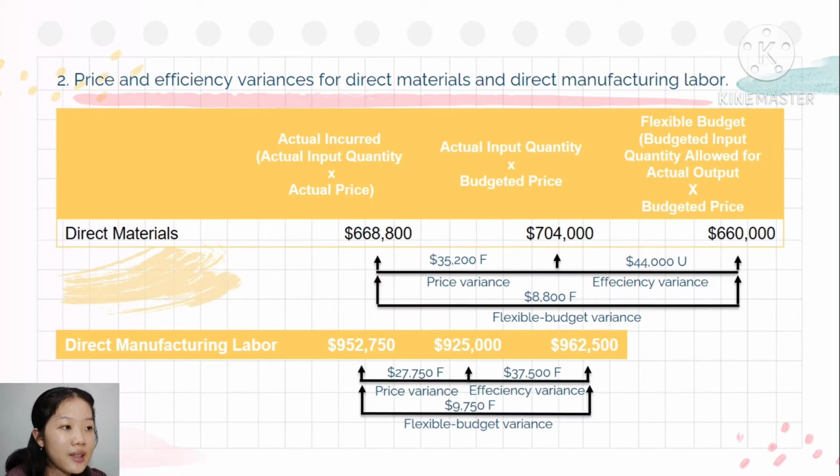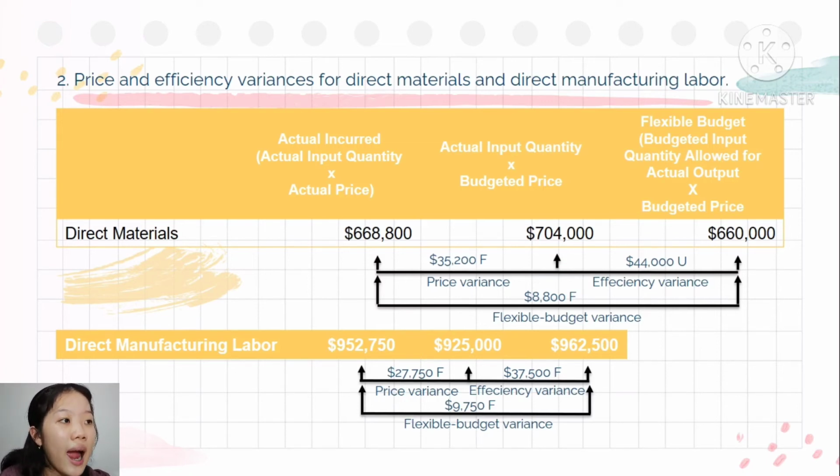After we get this, from the given information in direct materials, the actual incurred is calculated from 7,400 pounds times $9.5 per pound, resulting in $668,800.